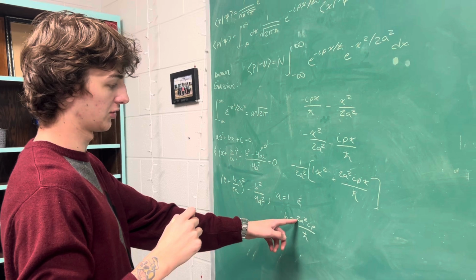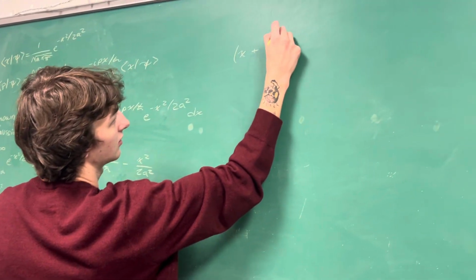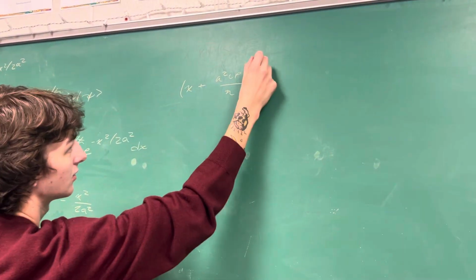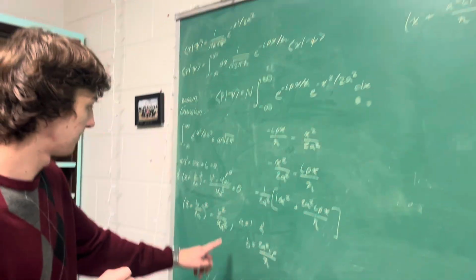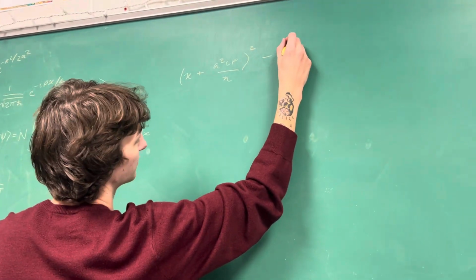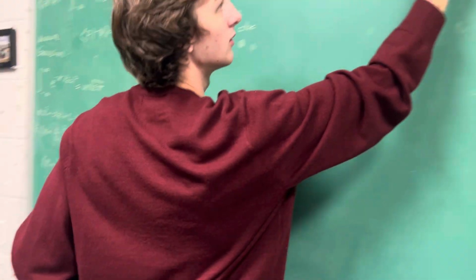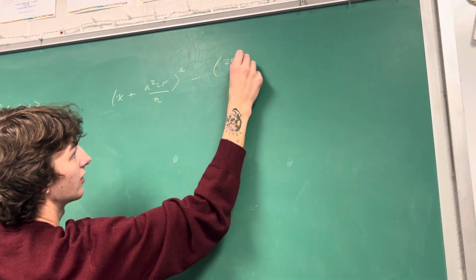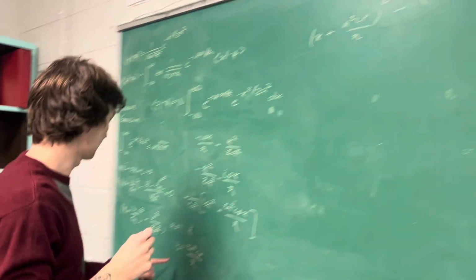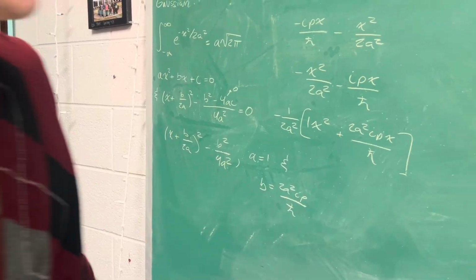Those 2's cancel, so we're left with x plus a squared i p over h bar, squared. Then it'll be minus b squared, which for us is this whole thing squared, 2a squared i p over h bar, squared, and that whole thing is divided by 4a, and since a is 1, it's just divided by 4.